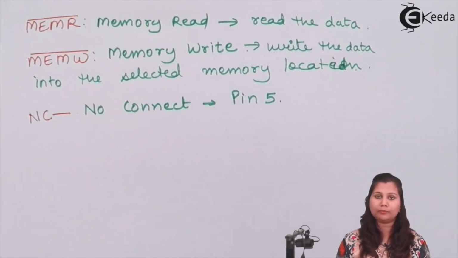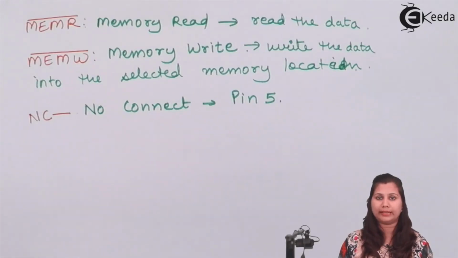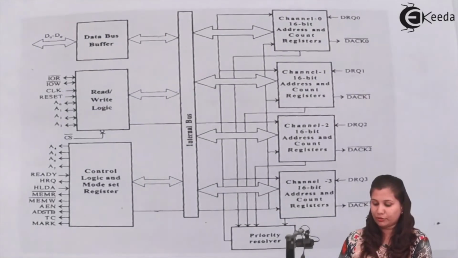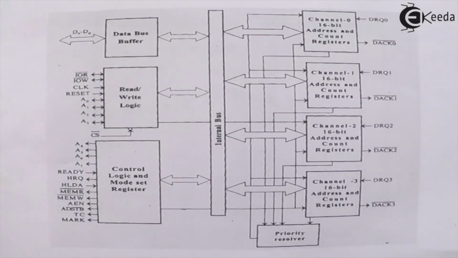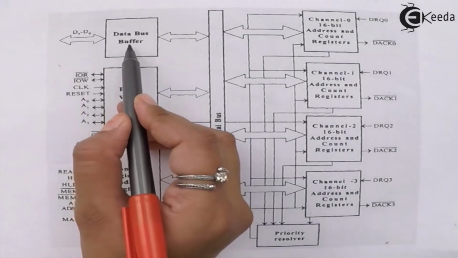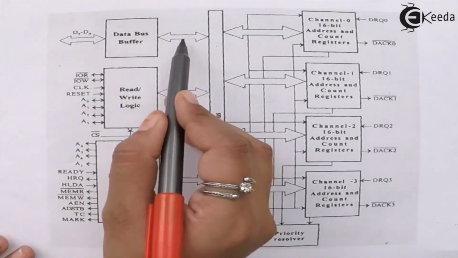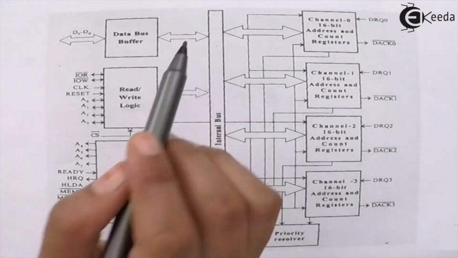Now let's come to the block diagram of the DMA controller. This is the block diagram, which shows all the blocks of the DMA. This is the data bus buffer, which is connected with the data bus of the microprocessor and the internal system bus.